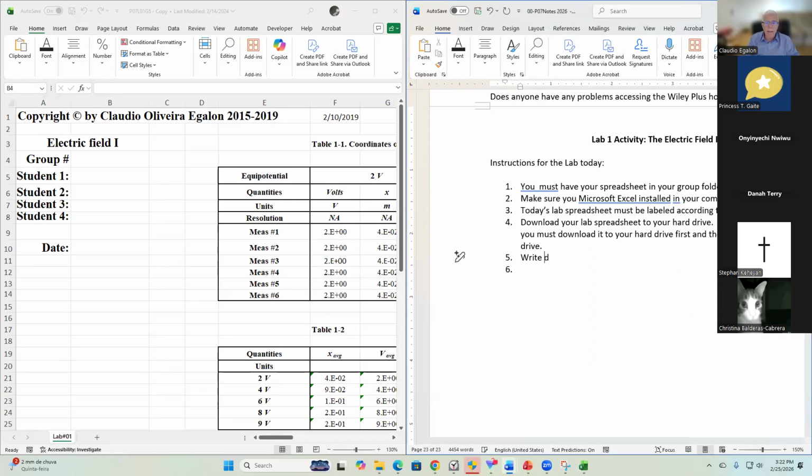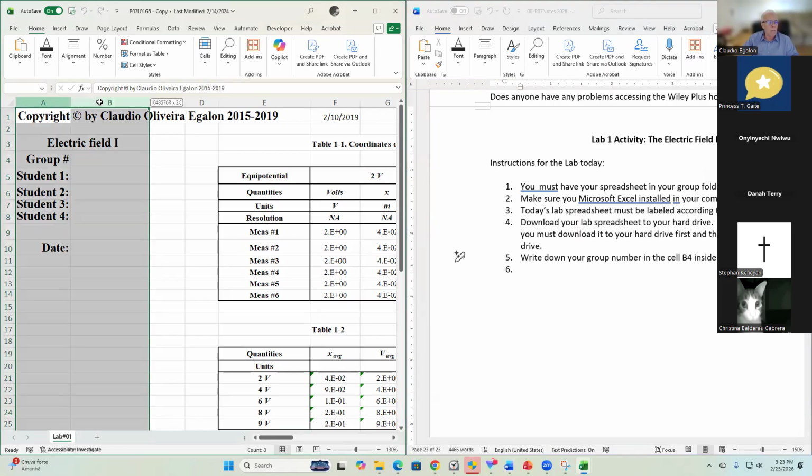Write down your group number in the proper cell inside your spreadsheet, and this cell is B4. Note how the spreadsheet is organized.